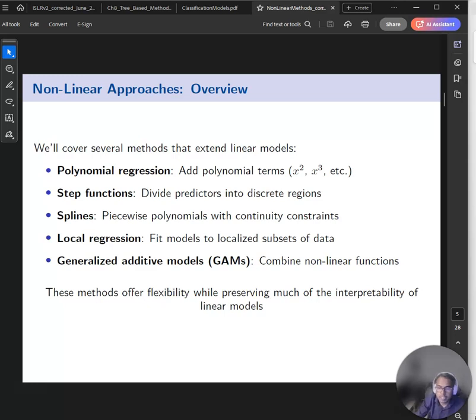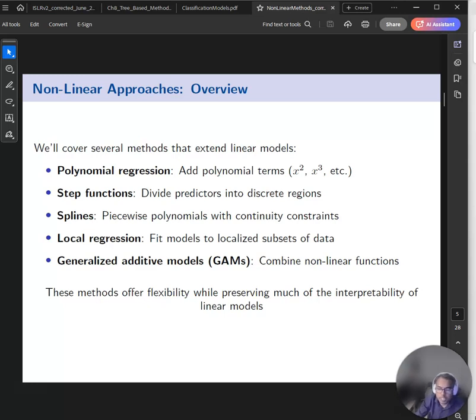Think of this as allowing a regression line to curve by adding x squared, x cubed, and higher order terms. Next are step functions, which divide our predictors into discrete regions. This approach creates a series of steps in our prediction, allowing for sharp changes at specific thresholds. It is particularly useful when you expect the relationship to change at certain breakpoints.